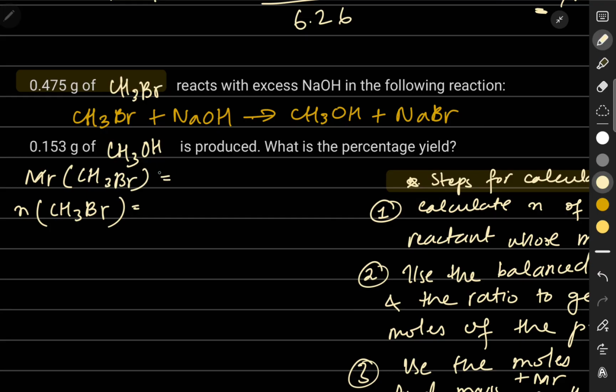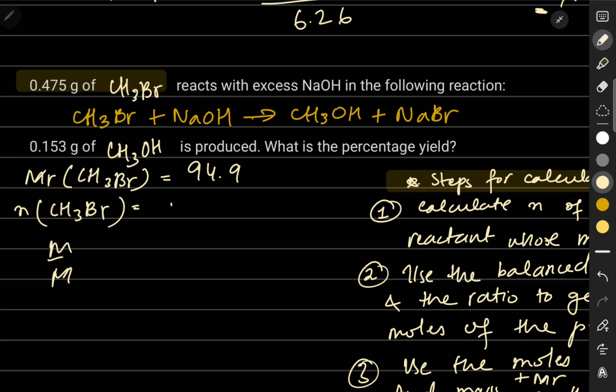So CH3Br has a molecular mass of 94.9 grams per mole. You can use your periodic table for this.